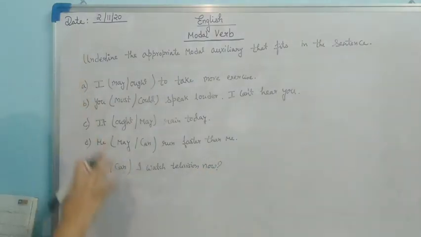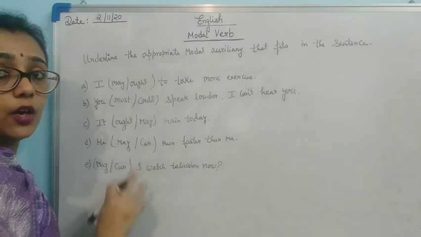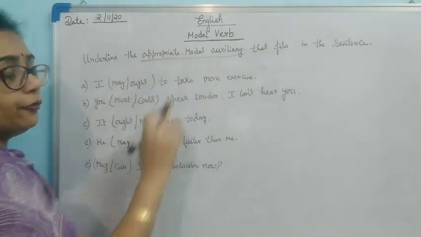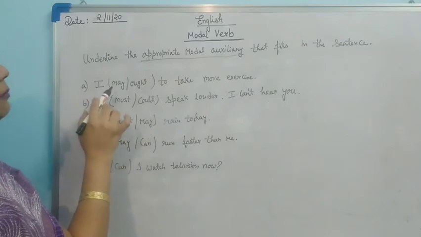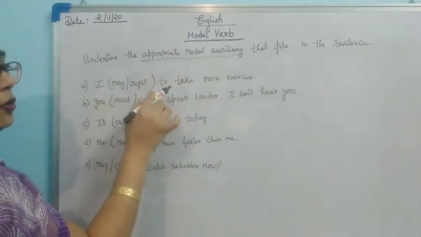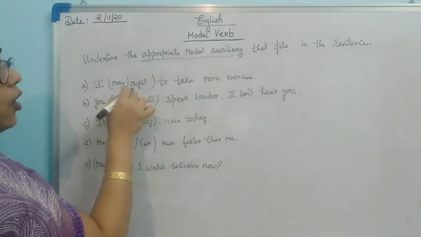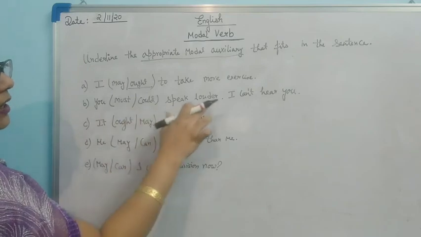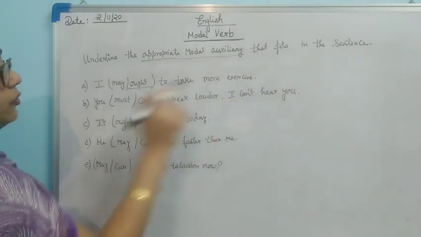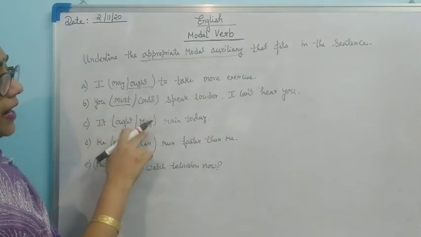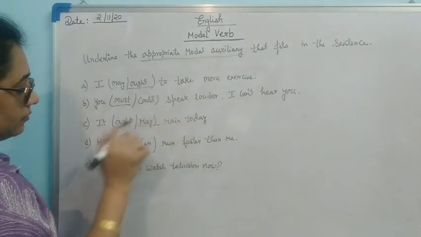Okay, see here I have written certain sentences and now we will see which appropriate modal auxiliary fits in it. I may or ought to take more exercise. I may to take? No, I ought to take. You must or you could speak louder. I can't hear you. You must. It may rain today.